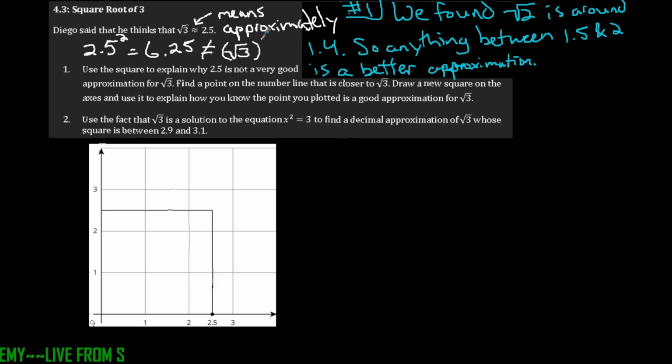If it was the square root of 3 squared, that would be equal to 3, which is clearly not 6.25. So we have to have something in between these two numbers.